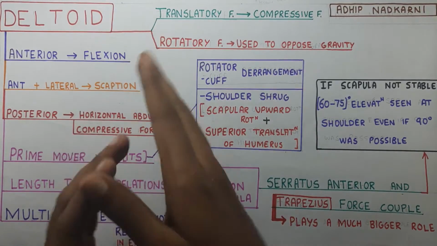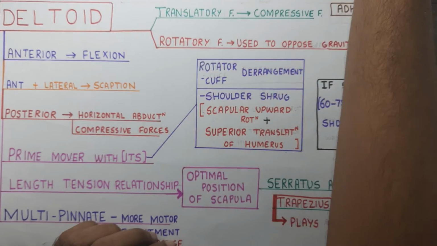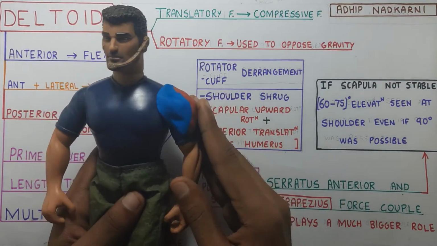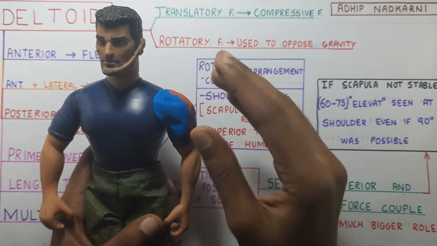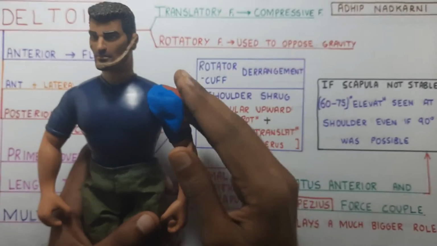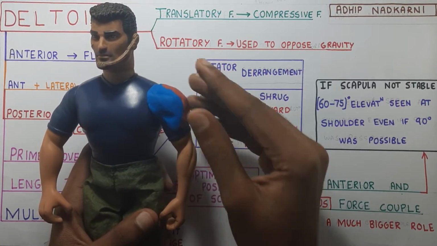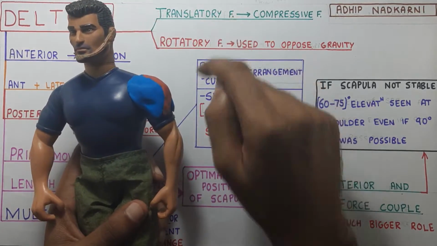Now let's go to some force components. As we know, the deltoid has a translatory force, right? We saw this in the dynamic stabilization video. If you haven't checked that out, do check it out, otherwise this video will be hard to understand. Under that we saw that in your shoulder joint, your humerus has a superior translatory force, right? So that is the translatory force we are talking about.